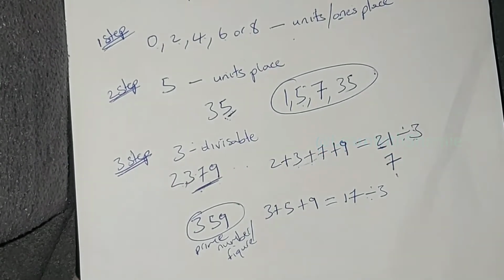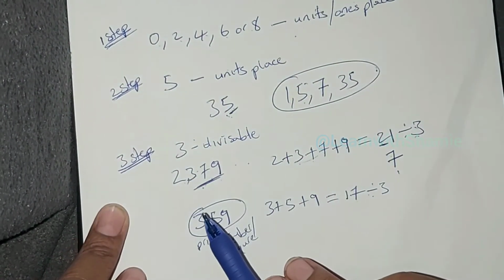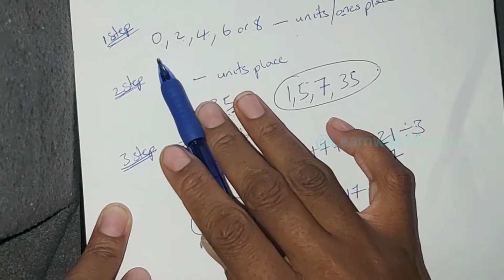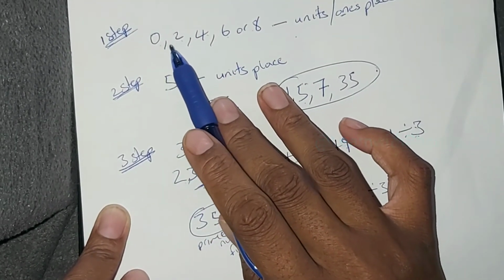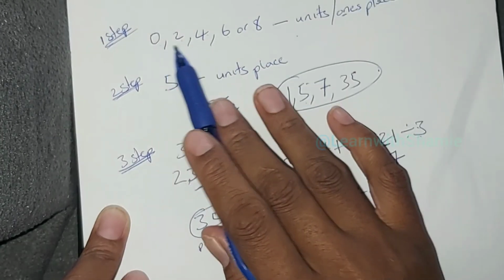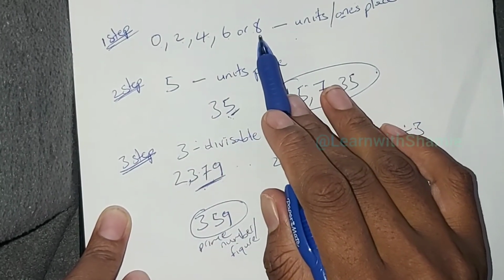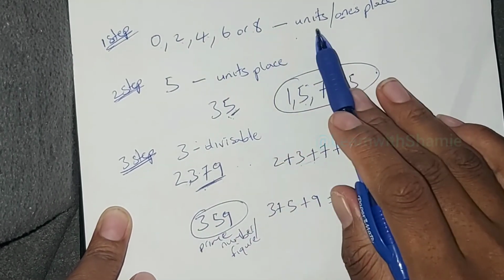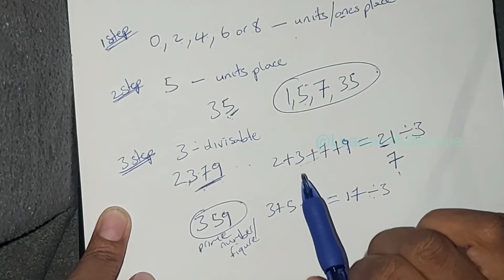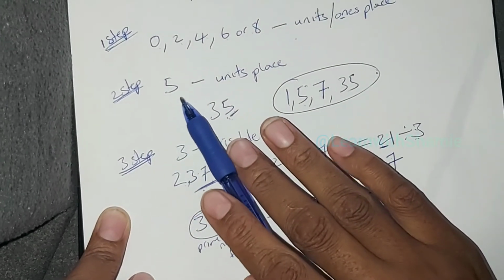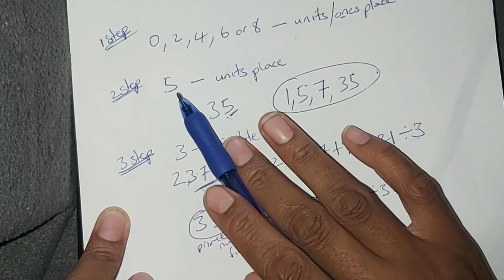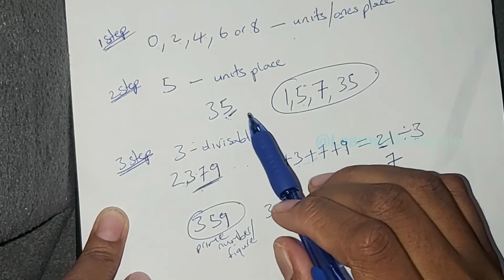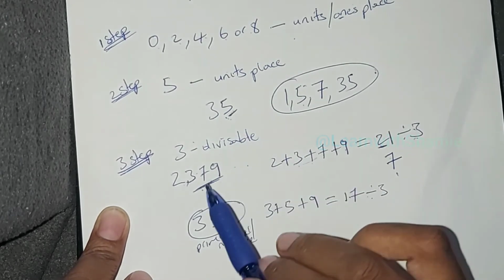So these are 3 simple steps you can use to find out if a number is prime. First, if the figure has any of these in the ones place or units place, 0, 2, 4, 6, or 8, then that figure is not a prime number. If there's a 5 in the units place of any figure greater than 5 itself, then it is not a prime number.